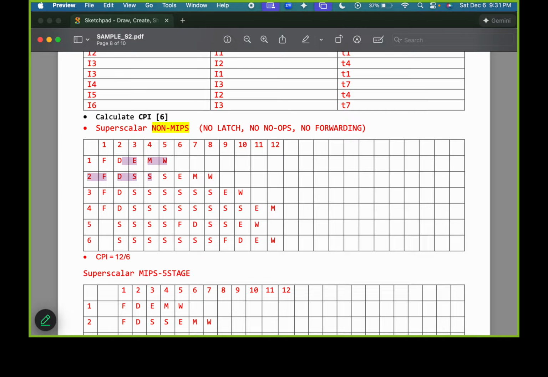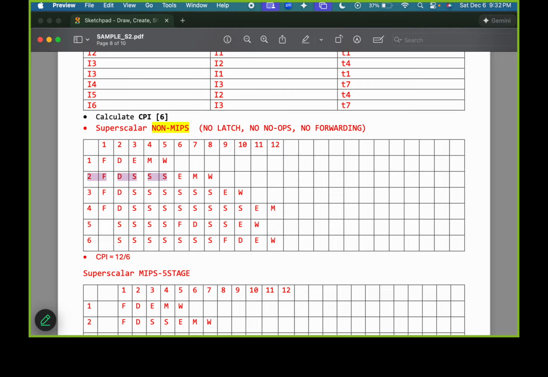We know that if instruction 4 needed instruction 1's value, by the time you reach instruction 4's exec, you're probably done with your write back. But in this case, you are absolutely not. You have to stall because this write back is not finished until here. And you're going to keep stalling and stalling and stalling. That's why I end up not being able to exec until after I finish this over here.